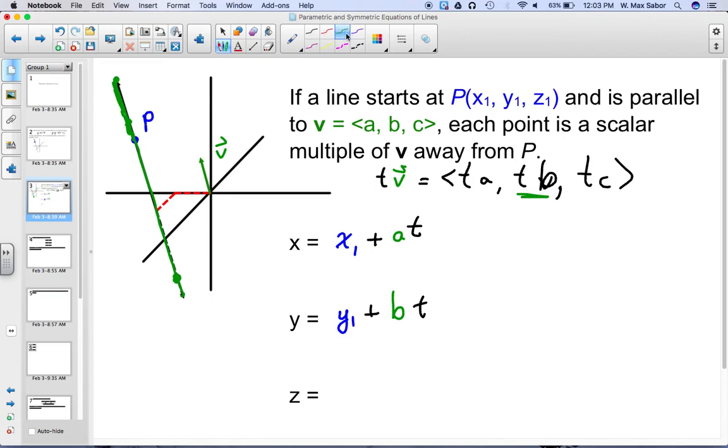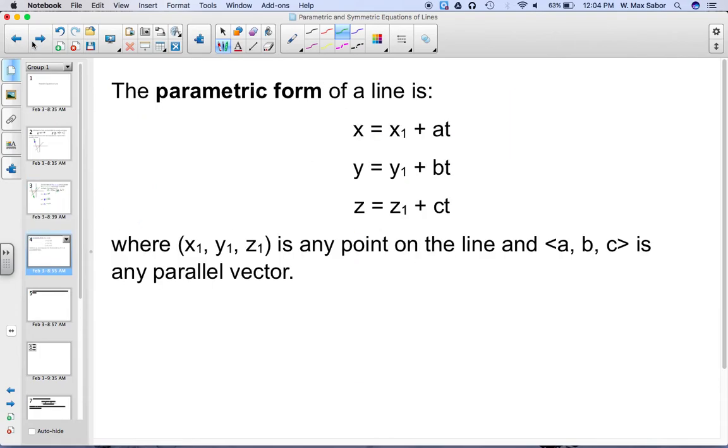And then our z-coordinate is our original z-coordinate plus a scalar multiple of the z component. So this is our parametric form. The parametric form of a line is x equals x1 plus at, y equals y1 plus bt, z equals z1 plus ct, where x1, y1, z1 is any point on the line, and a, b, c is any parallel vector.